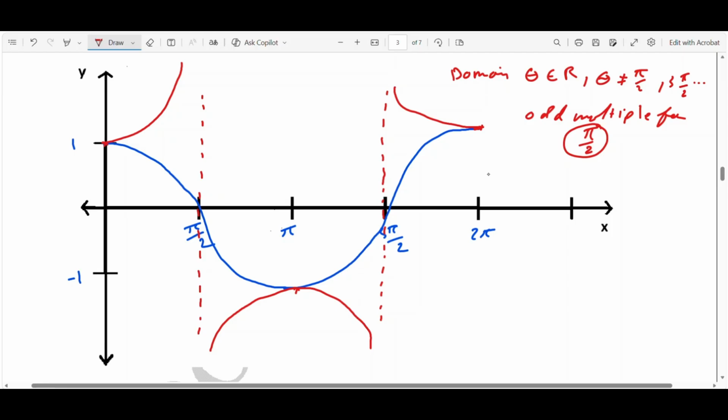So the secant asymptotes will also be at 5 pi over 2 and 7 pi over 2.